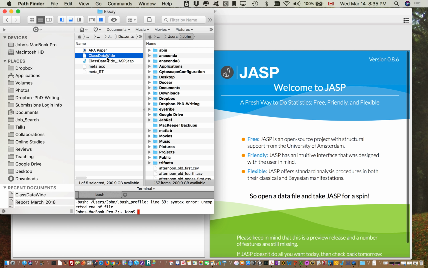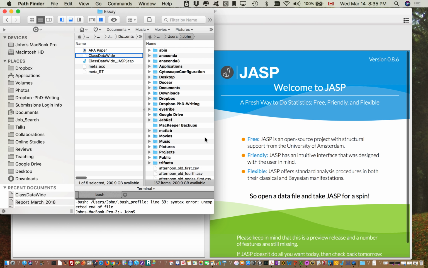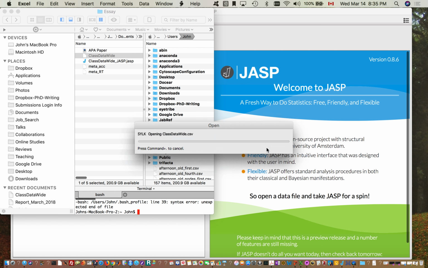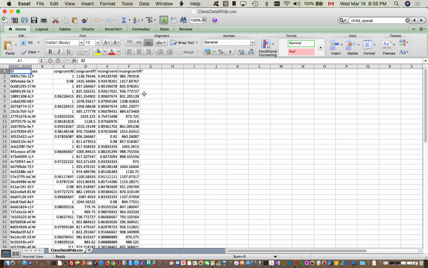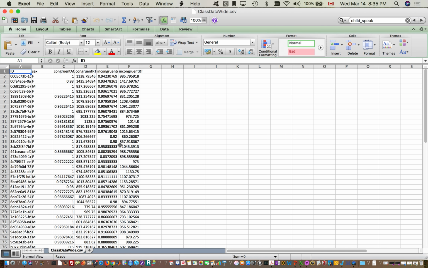So you can also open it using something like Microsoft Excel. Microsoft Excel is actually the default program to open a CSV file, and it knows exactly what to do with all of the commas. So you can see now it's beautifully formatted, we can read it, and it looks pretty good. Okay, so here we go. That's great. We know what is in our file.